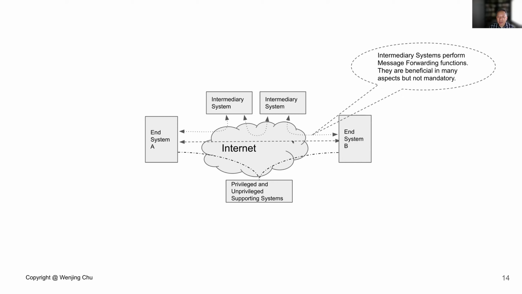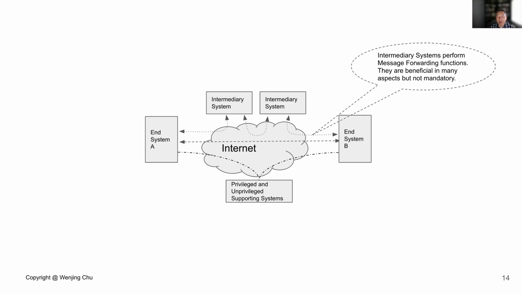The intermediary systems also can do message forwarding functions. They can also do anonymity, for example, or holding messages on behalf of users for future delivery.